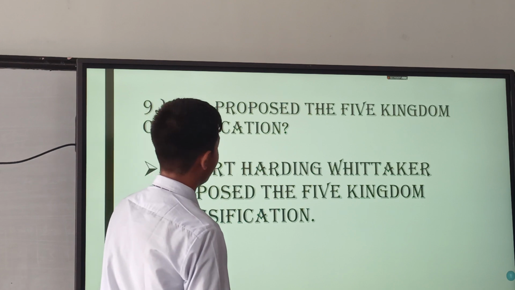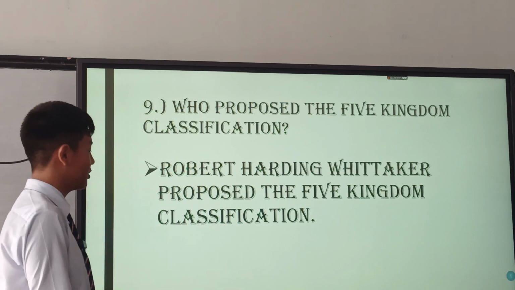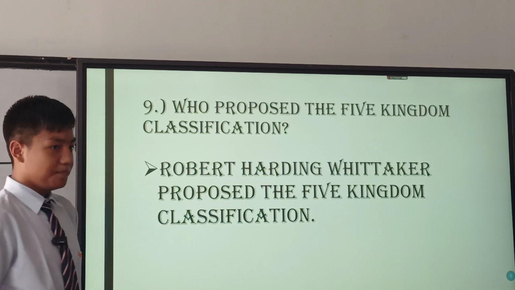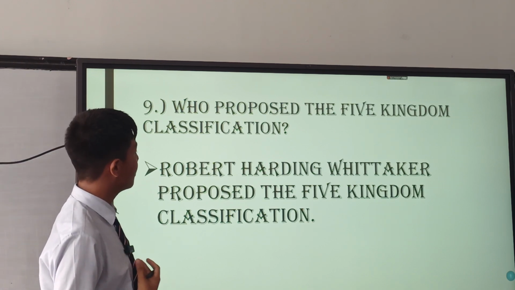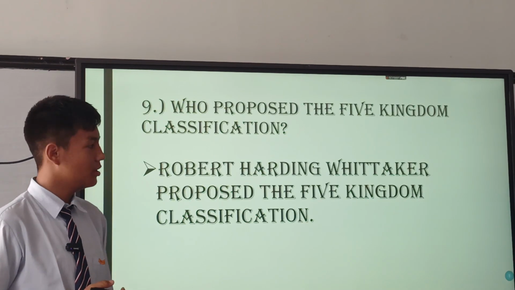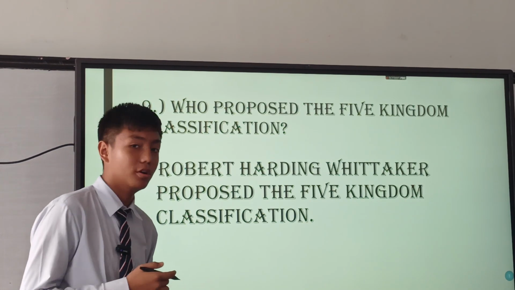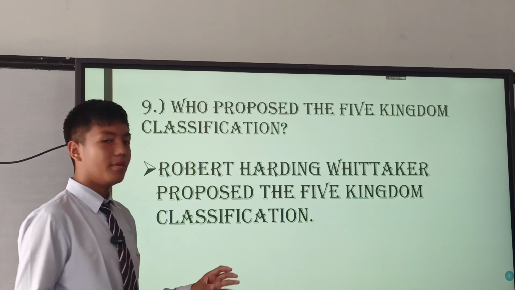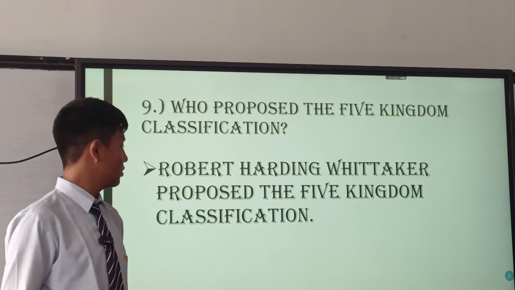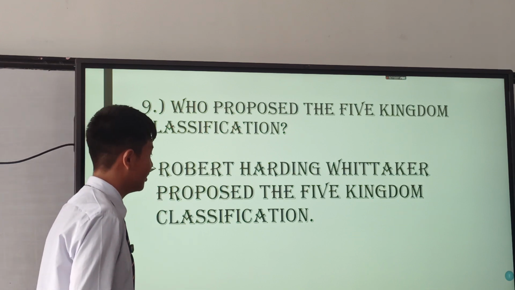Who proposed the 5-kingdom classification? Sir Robert Harding Whittaker proposed the 5-kingdom classification. When Sir Carolus Linnaeus proposed the 2-kingdom classification, there was some controversy among scientists across the world that there should be more than 2, because some animals didn't classify into either, and thus Sir Robert Harding Whittaker proposed the 5.